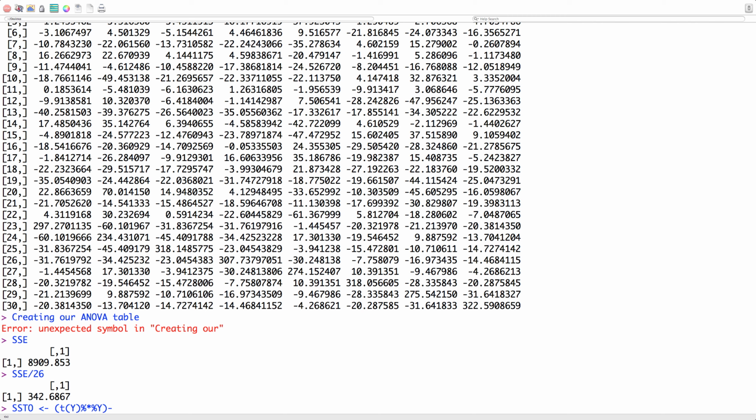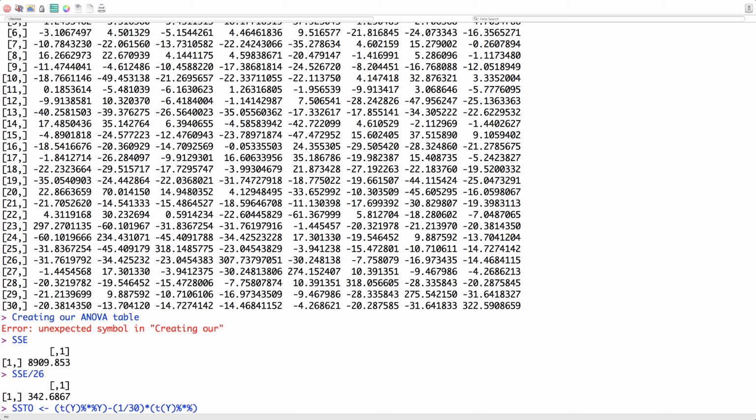Then I'm going to go minus, so we have 1 over n, so I need to do 1 over 30 times, then I need parentheses, transpose of y times our J matrix. Darn it, forgot to do the J matrix.